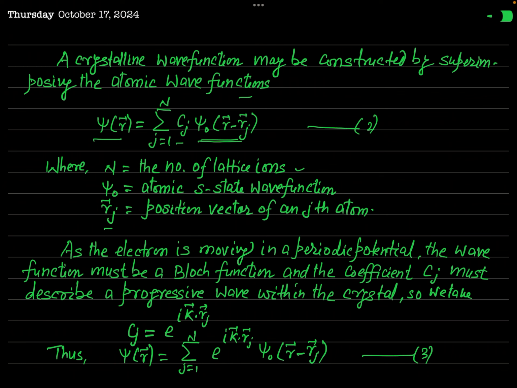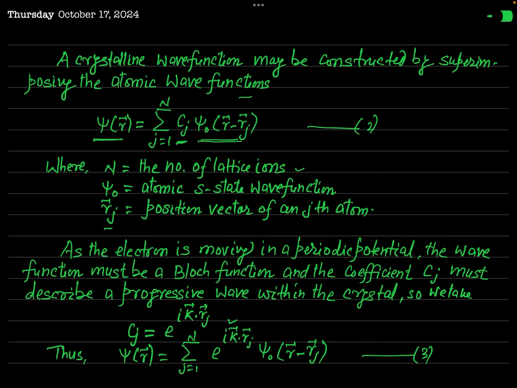So definitely this function psi of r must be recognized as a Bloch function. And if psi of r is recognized as a Bloch function, can you say what should be this Cj? Then this Cj must be a plane wave. So you can see Cj can be written as e to the power i k dot rj. Okay. So I have mentioned it here.